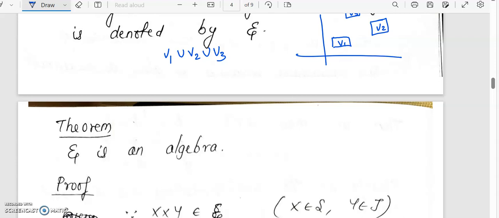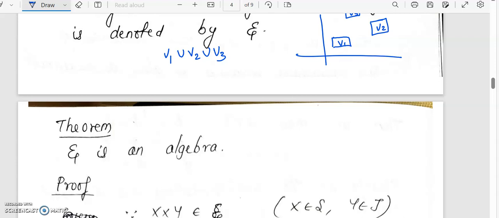Showing that script E is closed under disjoint union. That is, if we take two disjoint elementary sets, we will show that it is closed under union. Then we will show that script E is closed under finite intersection, and then using that we will show that it is closed under complementation.